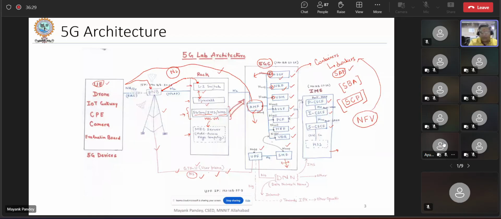So it means there is only one cable running between the 5G core and the gNodeB. But I have shown you two interfaces, the N2 interface and the N3 interface. So physically, there is only one wire running between the gNodeB and the 5G core, but logically, there are two interfaces, N2 and N3, one for user plane, other for control plane.